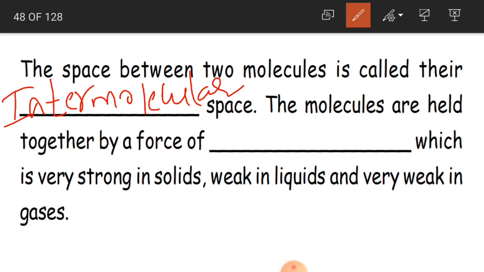Now, the molecules are held together by a force of dash, which is very strong in solids, weak in liquids, and very weak in gases. So in solids there is one type of movement, in liquids there is another type of movement, and again in gases we have another type of movement. But in solids they are very strong, in liquids they are weak, and in gases they are very weak.